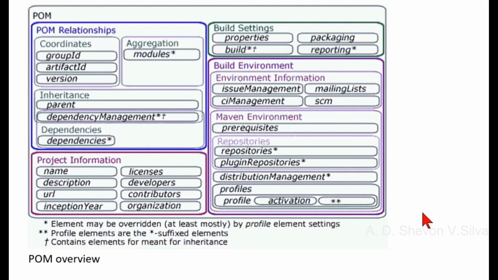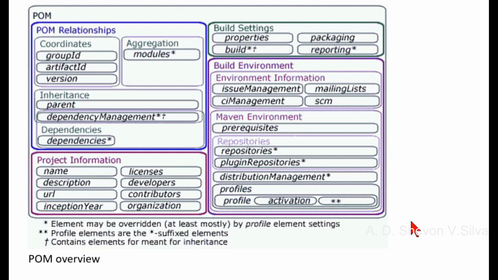Maven projects, dependencies, builds, artifacts, all of these are objects to be modeled and described. These objects are described by an XML file called a project object model.